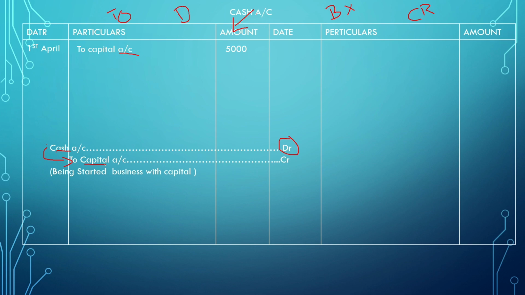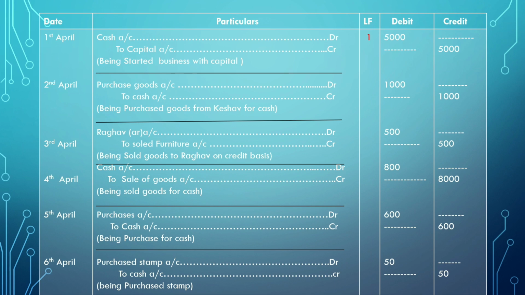Okay, so next we want to open the next one. First we will see how many cash transactions are in these journal entries. The first one is the cash account, which we posted, and the next one is on the 2nd April, which we have yet to post. Third, there is no cash transaction.